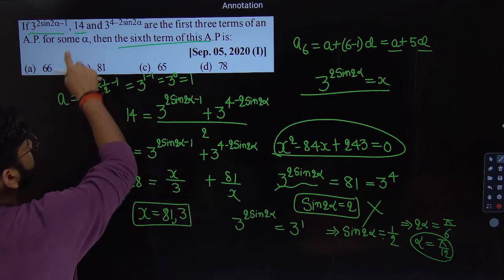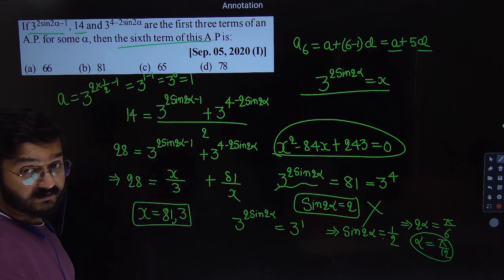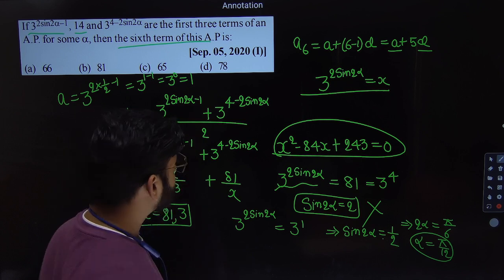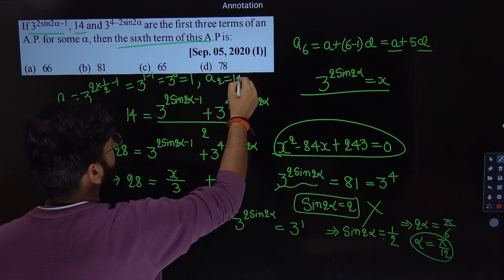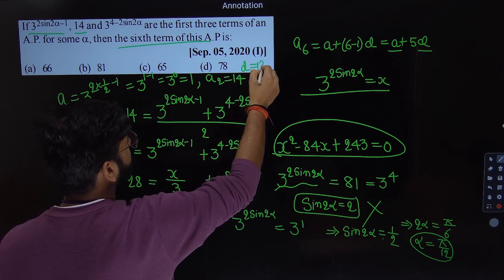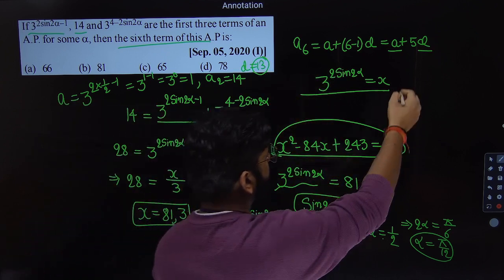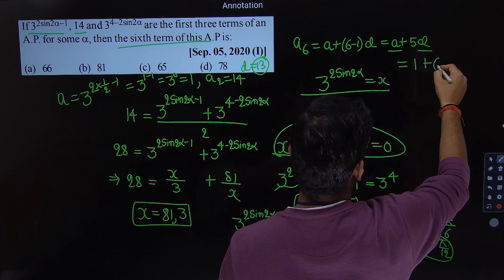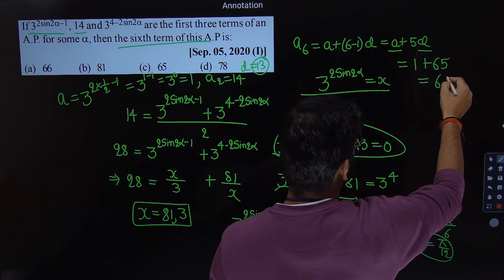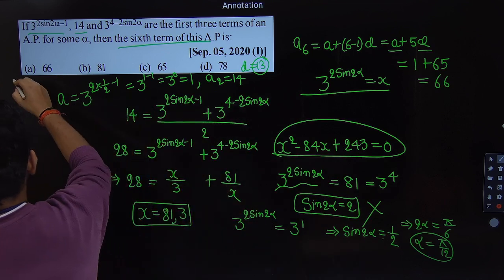What is the second term? 14. So what will be the common difference? 13. So second term, A2 is 14. So common difference is 13. Substitute here. First term is 1. 13 5s are 65. So what is the answer? 66. Option A.